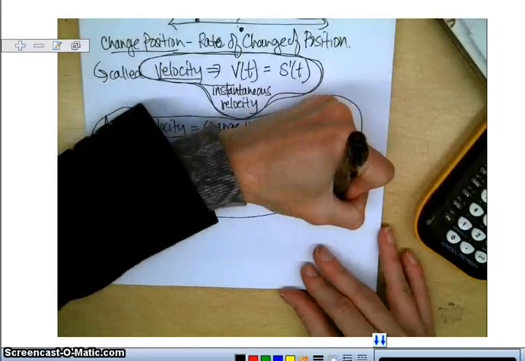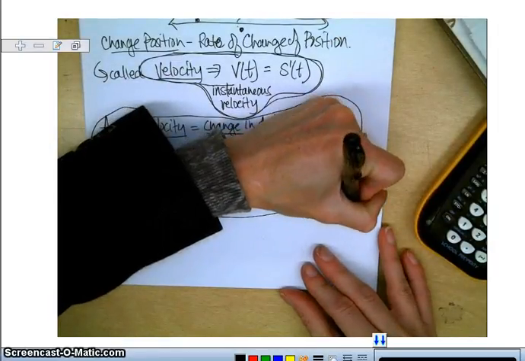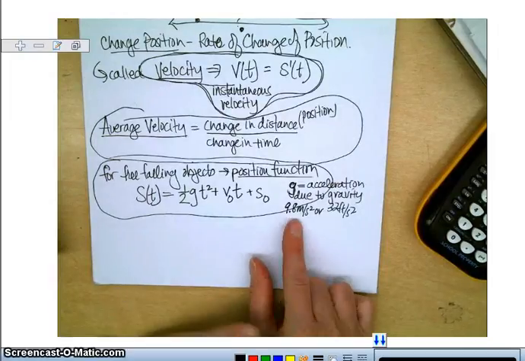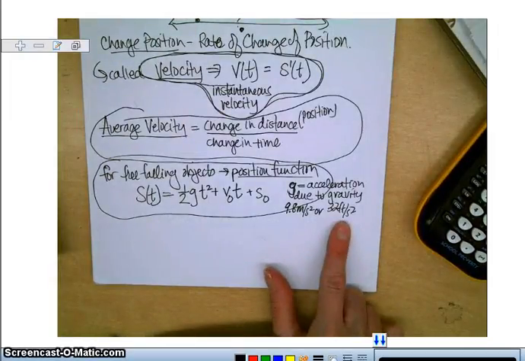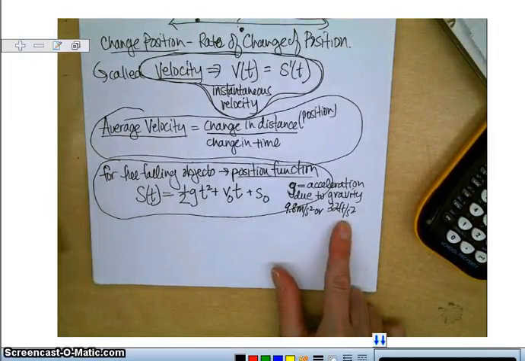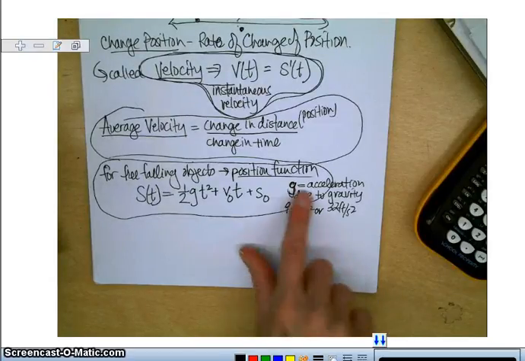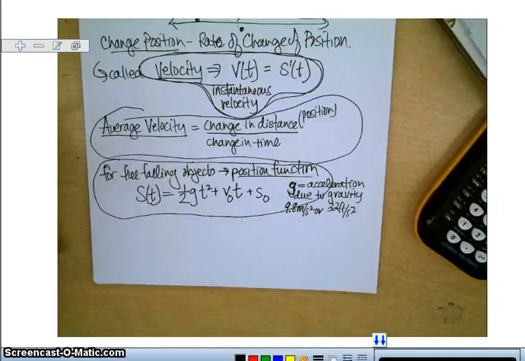It's 32 feet per second squared. So those are the two different labels if we're using metric or if we're using customary. Customary units are United States. Metric is the rest of the world. So those are the two numbers that we'll use for g, depending on our situation, how it's measured.